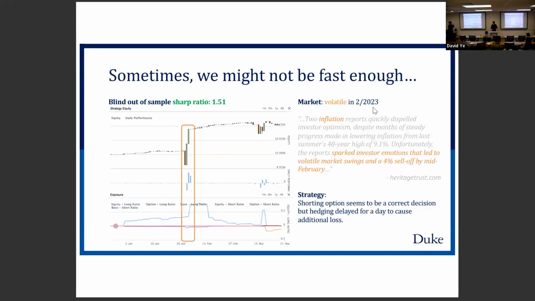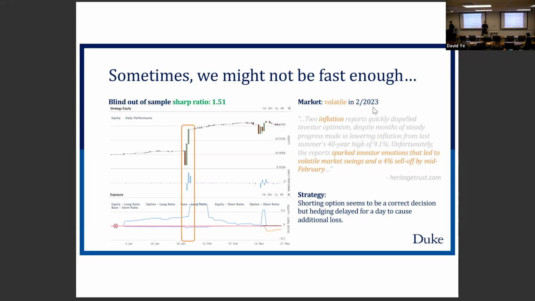And furthermore, in the blind out-of-sample period, although the result is good, we also figured out that there are further things we can improve. This is considered a volatile market, especially in February, and it is mostly because of inflation.